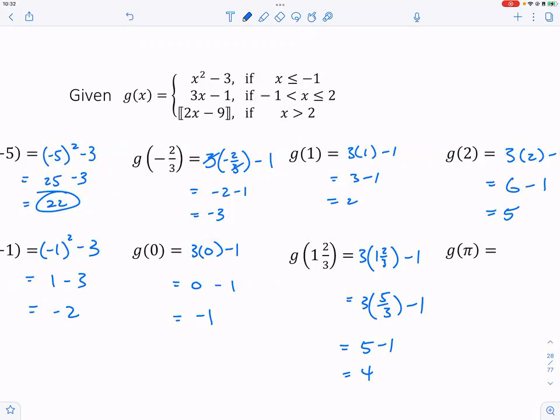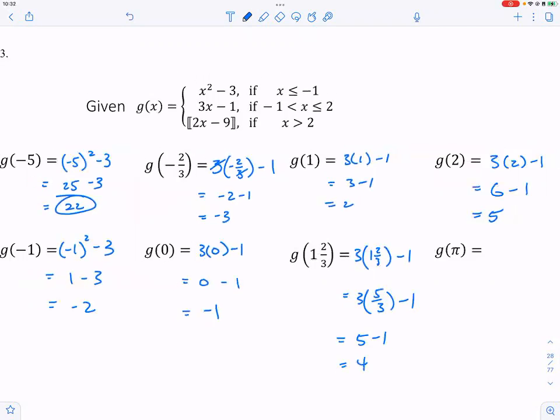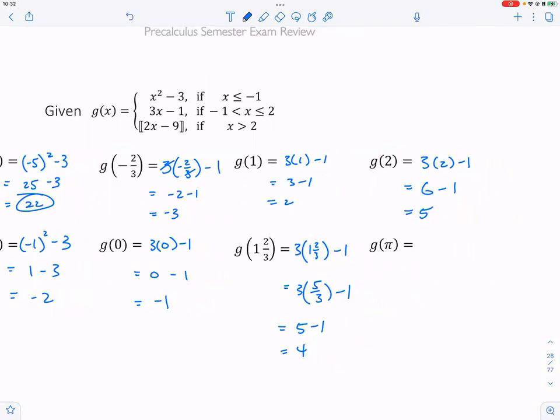Now, I think by now everyone should know what pi is. Pi as a number is 3.14-ish, right? So we just go ahead and think of it that way. And for this part, I think it's okay to use 3.14 as a close approximate. And we'll use the last equation because pi is 3.14-ish, which is greater than 2.